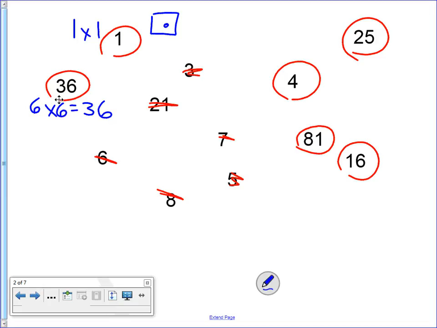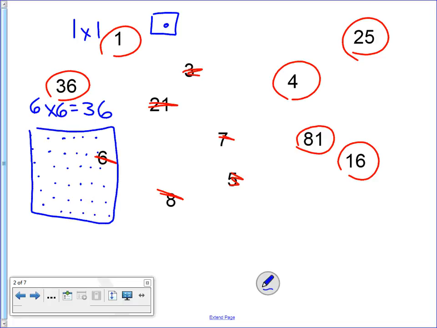The reason it's a square number is because we have 6 rows, 1, 2, 3, 4, 5, 6. And then we have 6 columns. As you can see, kids, we have a square.